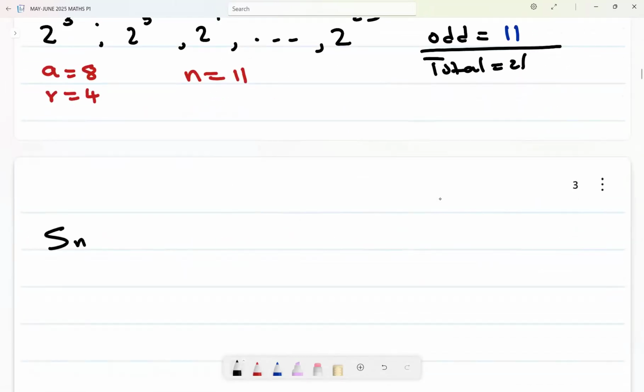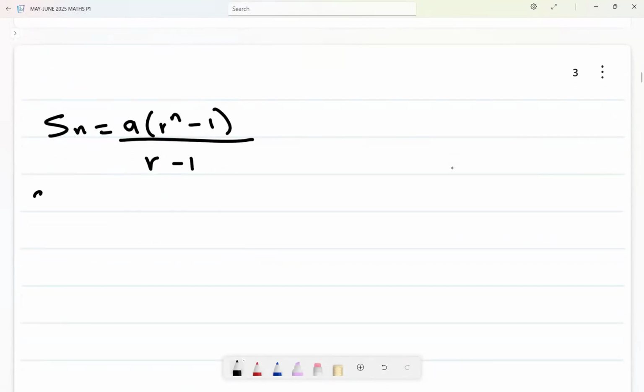The sum is going to be a(r to the power of n minus 1), sorry, and then divided by r minus 1. Sum of how many terms? 11 terms. First term is 8. r is 4. So 8 times (4 to the power of 11 minus 1) divided by 4 minus 1.